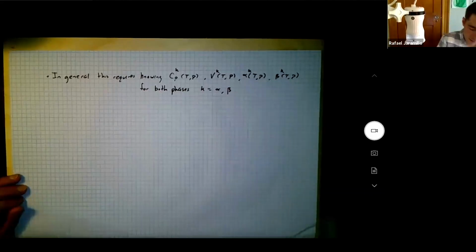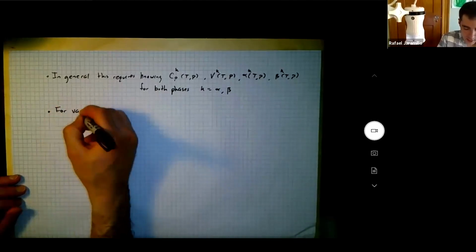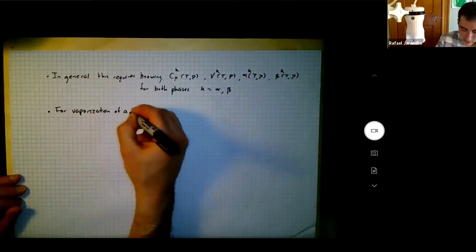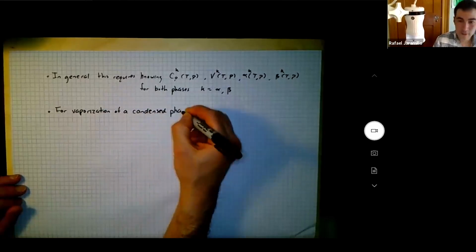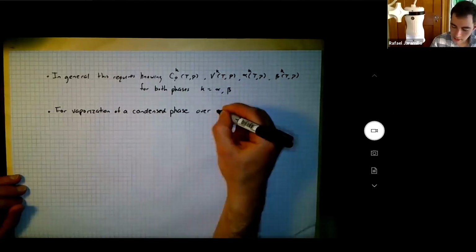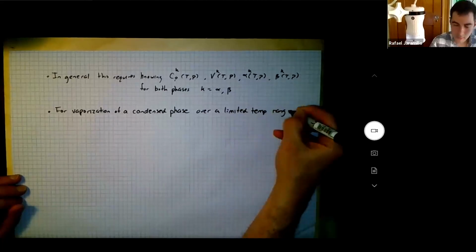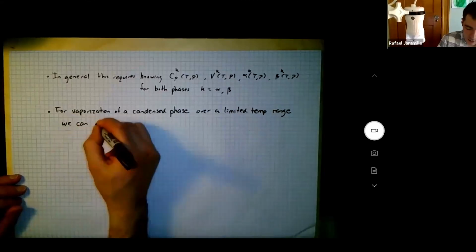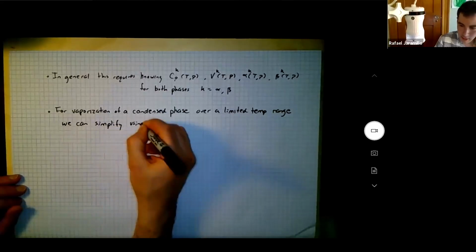However, for vaporization of a condensed phase over a limited temperature range, we can simplify using 3 assumptions.